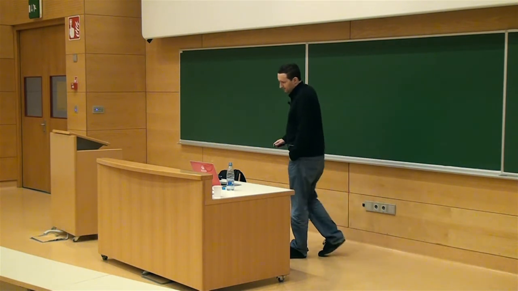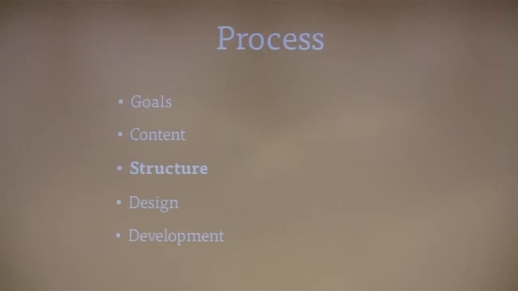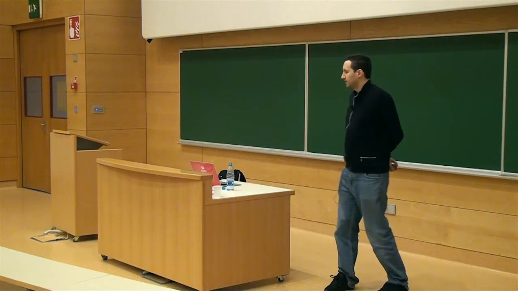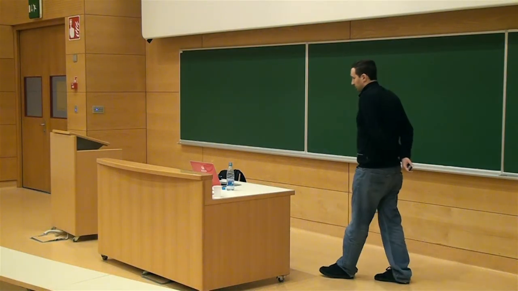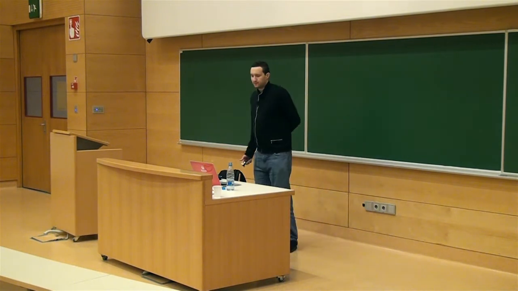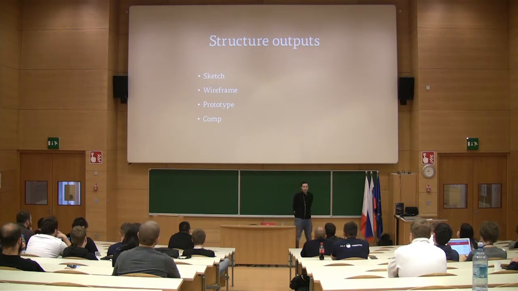All right, the next thing that you might do after you have the content, you know, the goals, you start doing the structure, right? So it's all about the importance of pieces of content and UI and the relationships between them. What you usually do when you're doing structure is sketches, wireframes, prototypes, and comps.